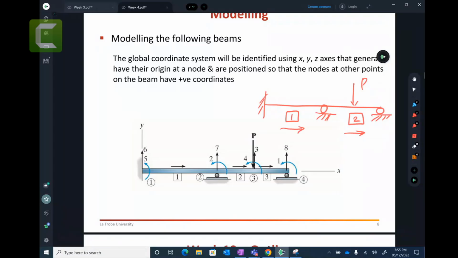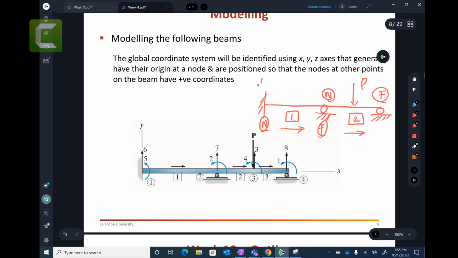The arrow is a location vector. It represents your near node and far node for this element number 1. For element number 2, the near node is here and the far node is here. So the arrow helps us identify the near node and the far node for that particular element. That is the location vector.